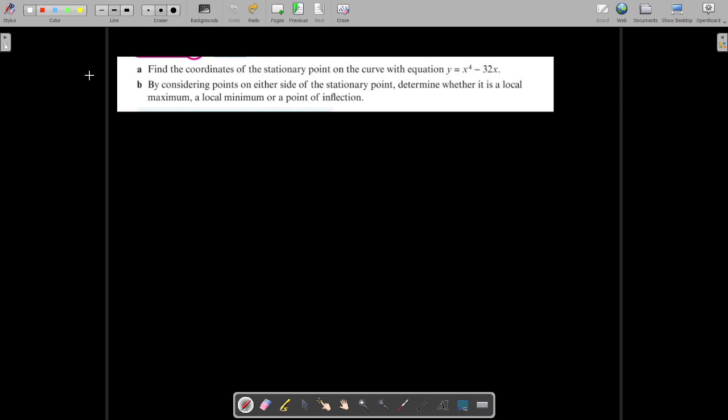Okay, so first, it's a fourth order. Do I have fourth order on my calculator? No, only up to three. So first, I can start by deriving it.